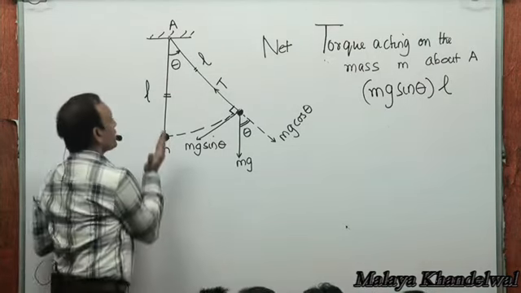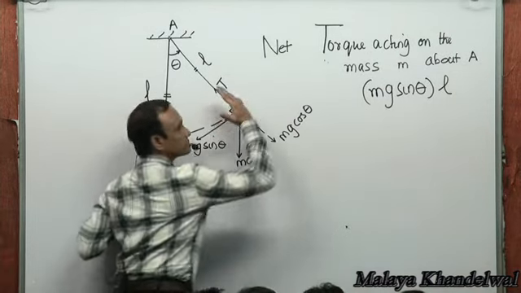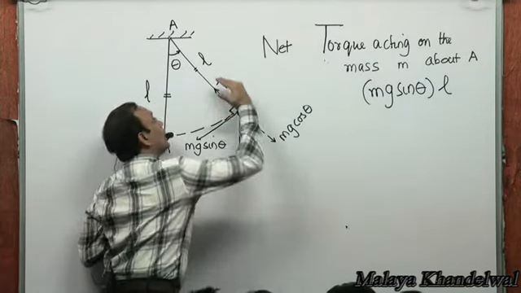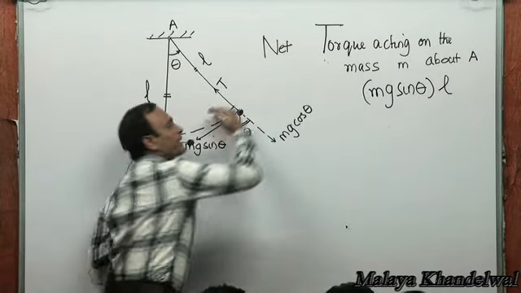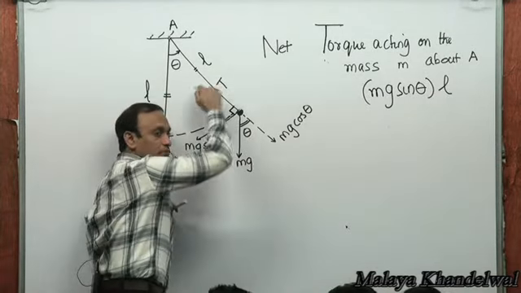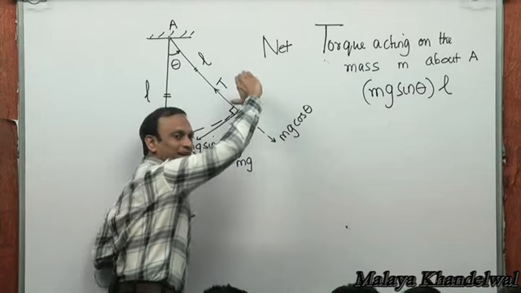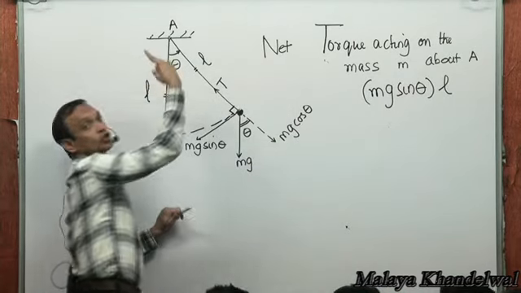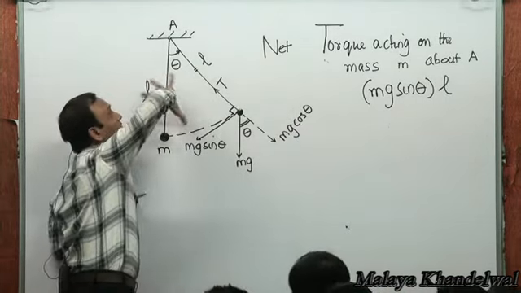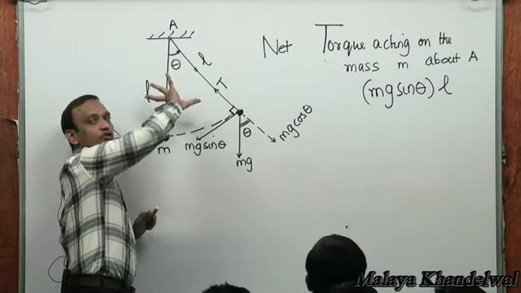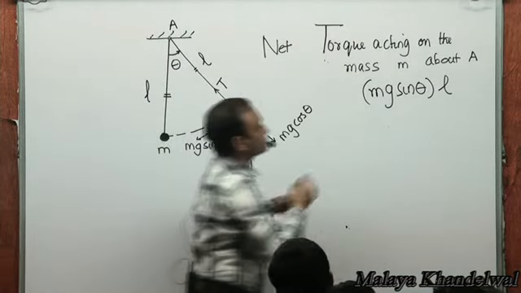And in this case, realize that I have displaced it anti-clockwise from the vertical position by an angle theta. This is anti-clockwise displacement. The torque is clockwise, right? The torque of mg sin theta about A is clockwise. Do you see that?